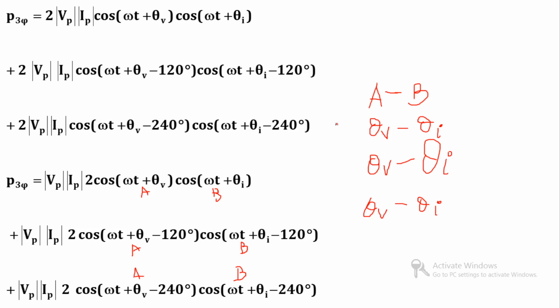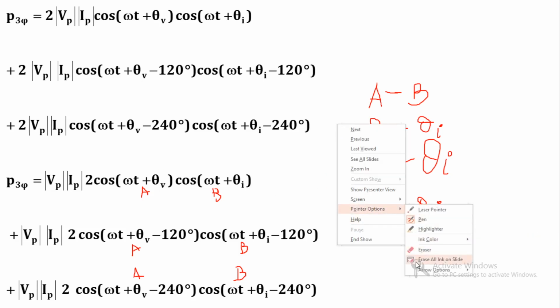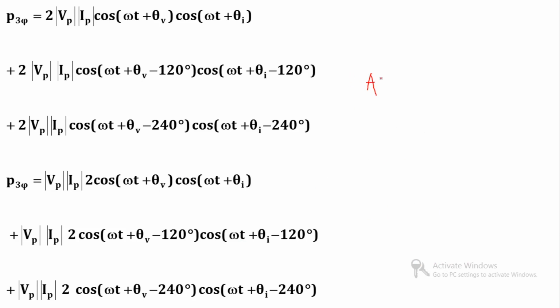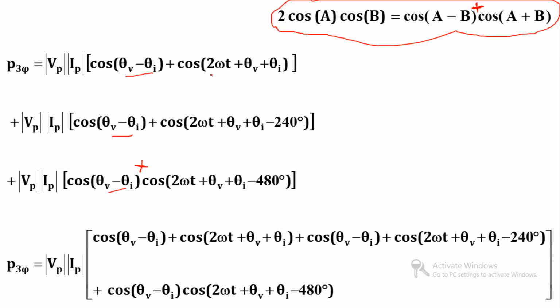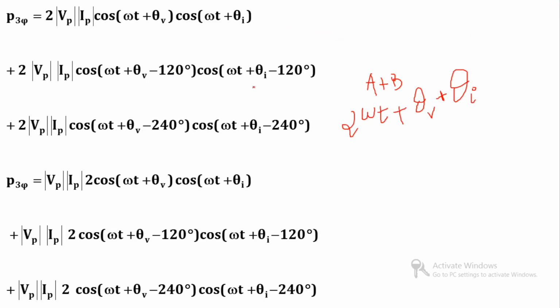Now we have to do the other addition, A plus B. So I will write over here A plus B. A plus B means omega t plus theta v plus omega t plus theta I. So omega t plus omega t is equal to 2 omega t, plus theta v plus theta I. So the first angle becomes 2 omega t plus theta v plus theta I. Now next, omega t plus theta v minus 120 plus omega t plus theta I minus 120.